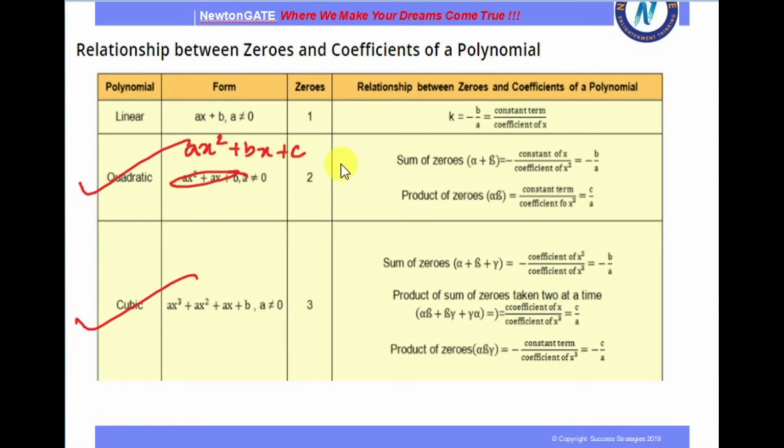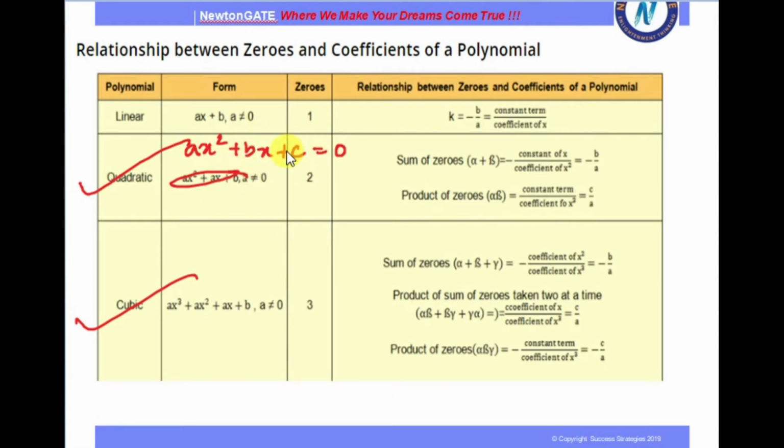Now what are coefficients and what are zeros? Well, as discussed before, zeros are the values of x for which this whole equation will give you the value 0. And a coefficient is the numerical value which is present before the x square, before the x and the constant term.